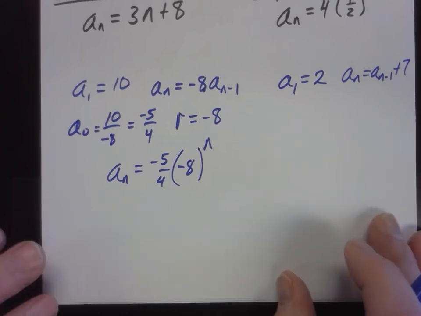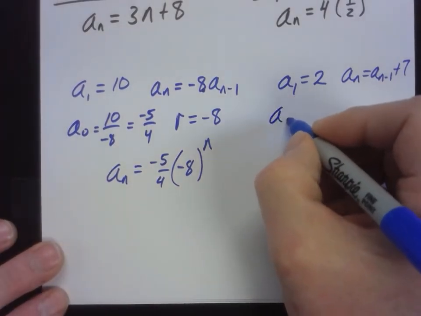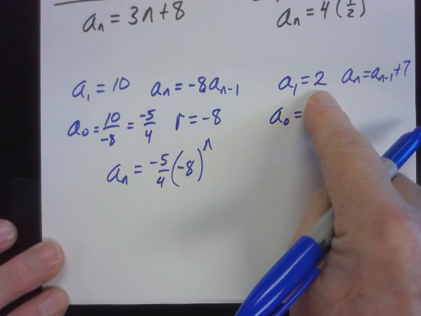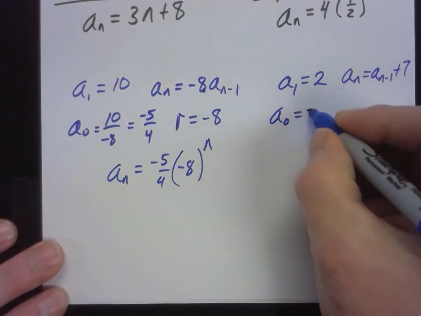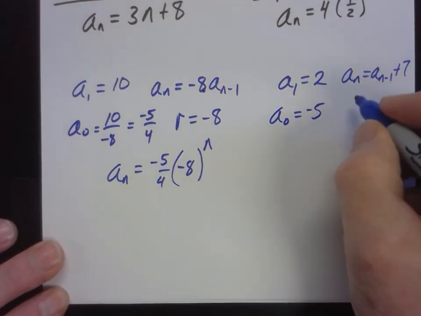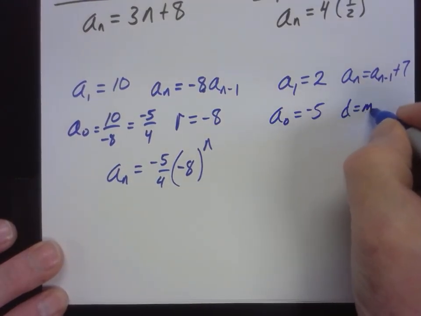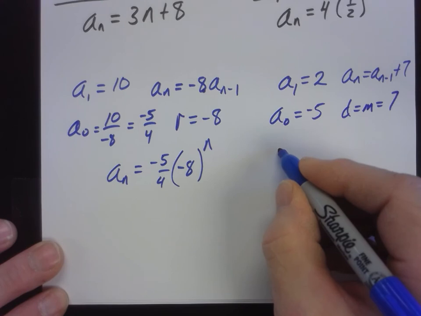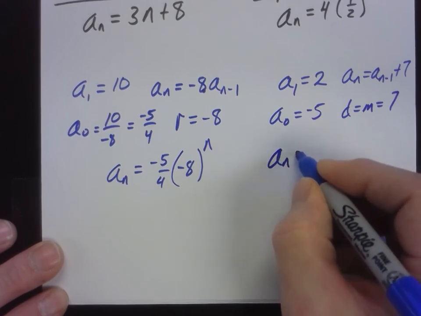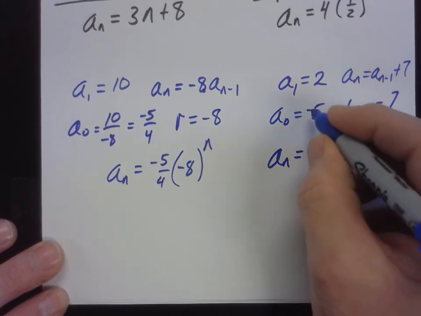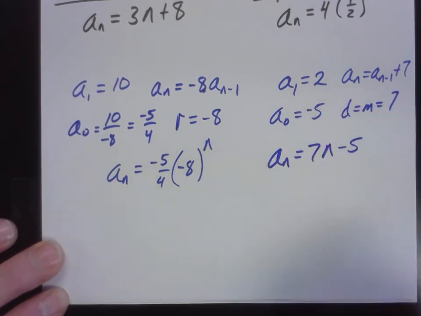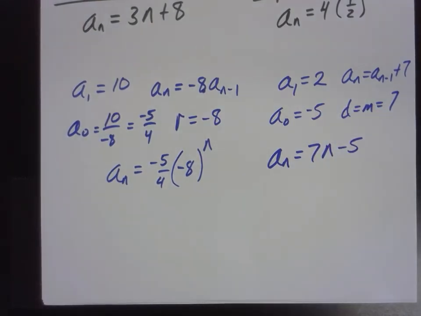Okay. And then we can also think about a sub 0. What's it going to be? Negative 5. Good. And our common difference or slope is 7. So a sub n equals the common difference times n plus the initial term, like that.